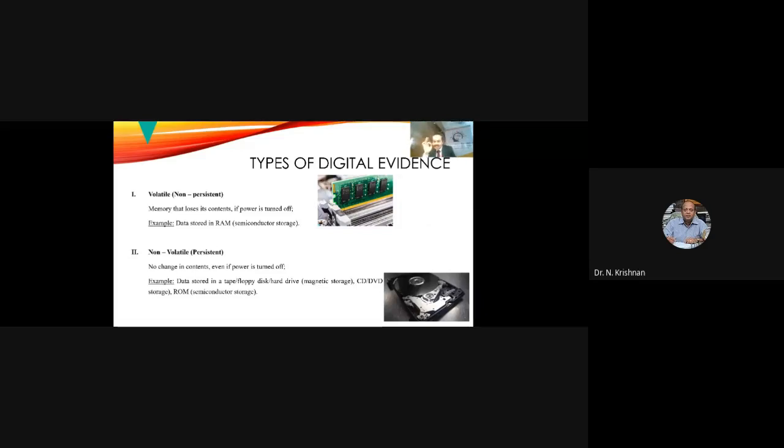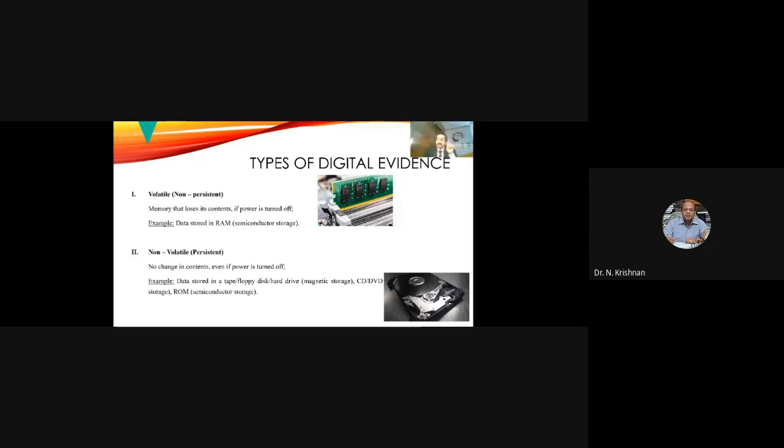Volatile is such data which is very sensitive to the power supply of the device. Especially when we're using the computer, when you're browsing some information or doing some activity, when you go to the task manager and look at the processes, there are 100 different processes that can be seen on your laptop or desktop. These processes tell what application is running, why it is running, and what the relevancy of that application is on your device.